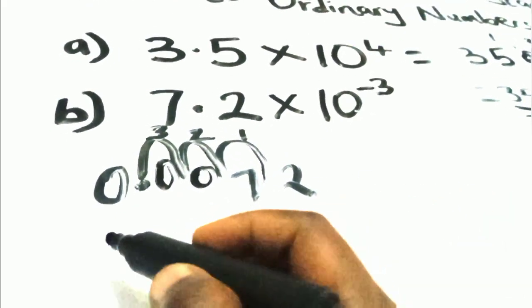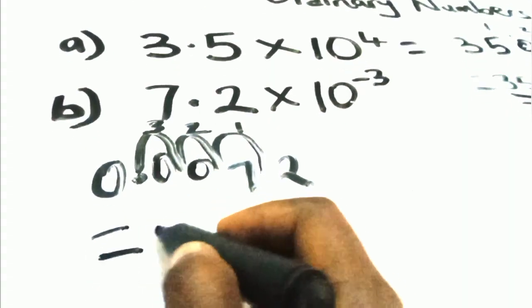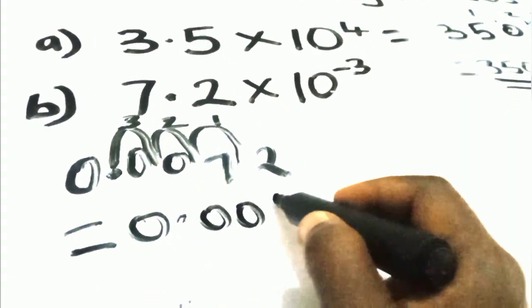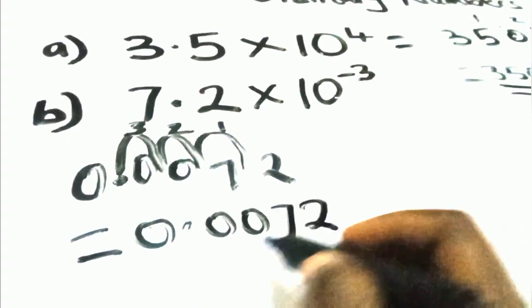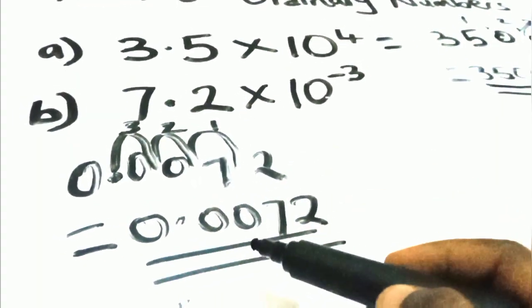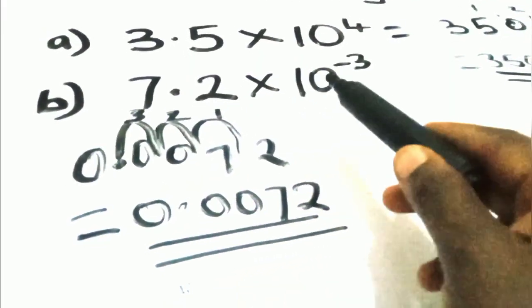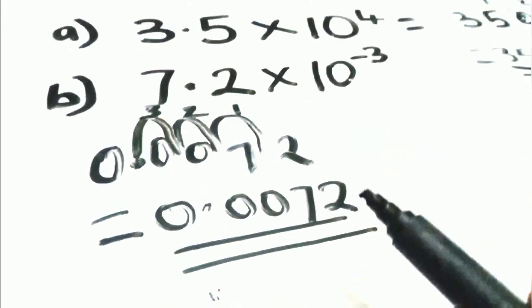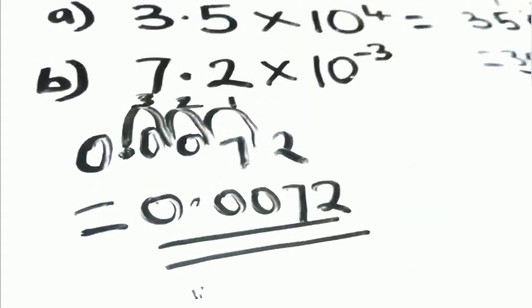So what do we have now? Our answer becomes 0.0072. So in writing this in ordinary form, 7.2 times 10 raised to the power minus 3 is 0.0072. Let's take a look at the next example.